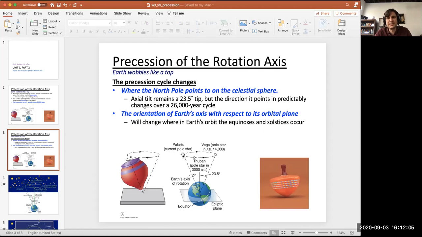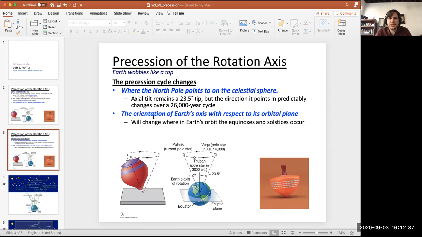So every 26,000 years, Polaris is the North Star. And there'll be a couple of other North Stars along the way. For the Egyptians, because of precession of Earth, the North Star was not Polaris, it was a star called Thuban. It's right where the North Pole, the rotation axis of the Earth, pointed to on the celestial sphere. So it changes the location of the North Celestial Pole.